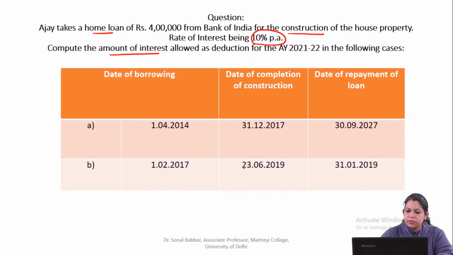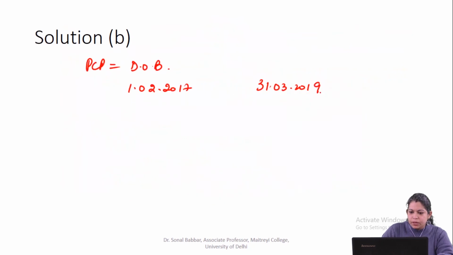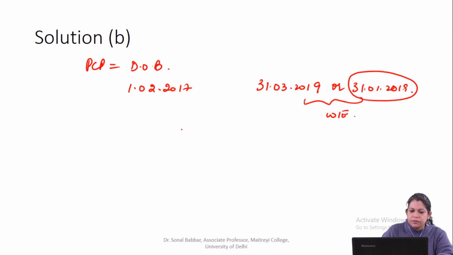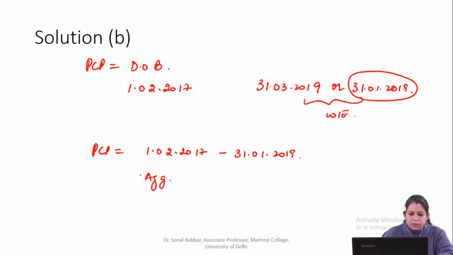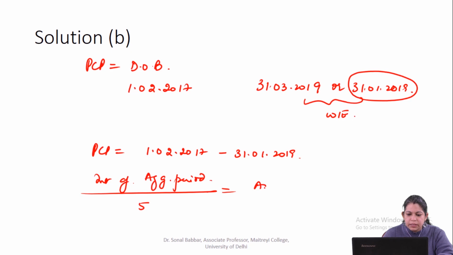We compare this with the date of repayment of loan, which is 31st January 2019. We take whichever is earlier. So earlier is 31st January 2019. Therefore, PCP is 1st February 2017 till 31st January 2019. And the interest for the aggregate period is computed, and this is to be divided by 5 to get the annual installment.